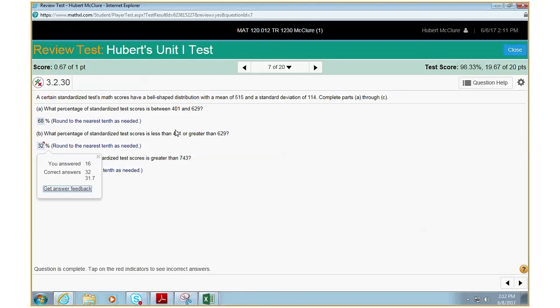I didn't read the question right. It says or greater than 629. So go back to that question and look at it, it's the opposite directions. Oh, I thought 31.7 was the right answer. Well, they'll take either one. 32 or 31.7 is the right answer.